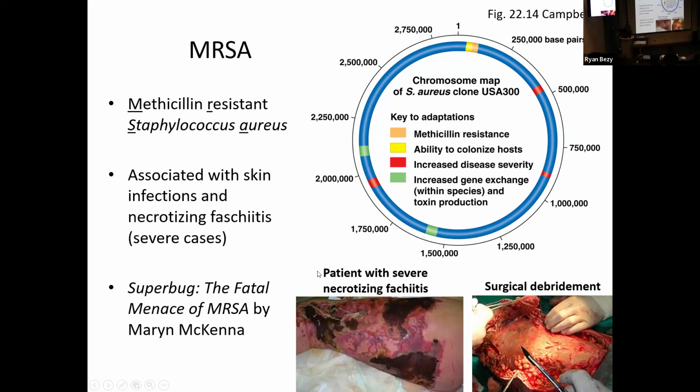So for instance, this is a patient's thigh, and this is severe necrosis on the leg. Typically, the only way to treat that is by surgical debridement. They cut away all of the infected tissue, and sometimes that can just be the infected tissue in that area, but other times it requires full amputations of limbs, for instance.